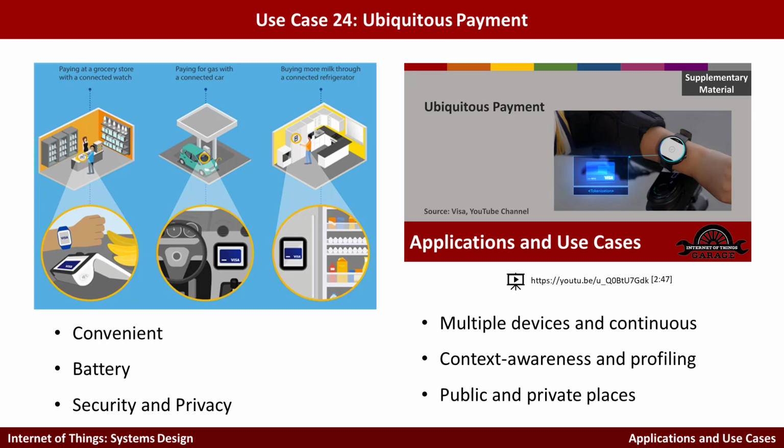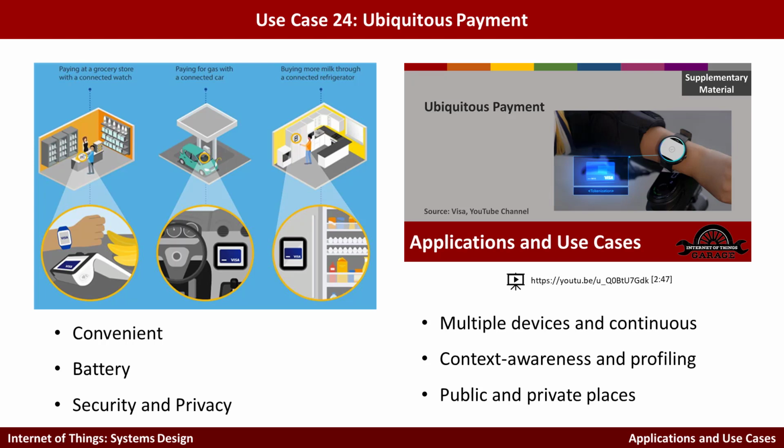That is why ideal systems need to support multiple devices and look at them as a continuum rather than one device. So you can pay across different devices, from your smartwatch to your car to kitchen appliances, or when you are in the living room, you can buy things from the smart TV. These devices are also helpful for making payments in public and private places. For example, there are grocery stores where you can pick whatever you like and then walk out.